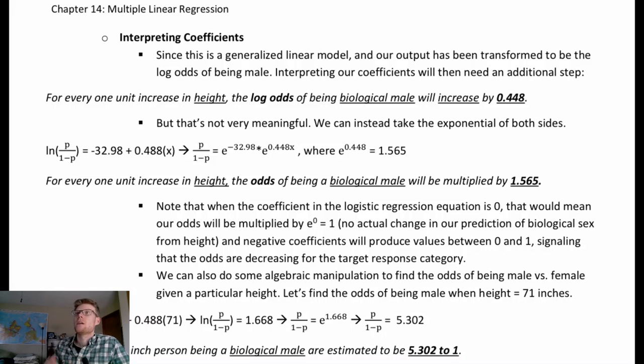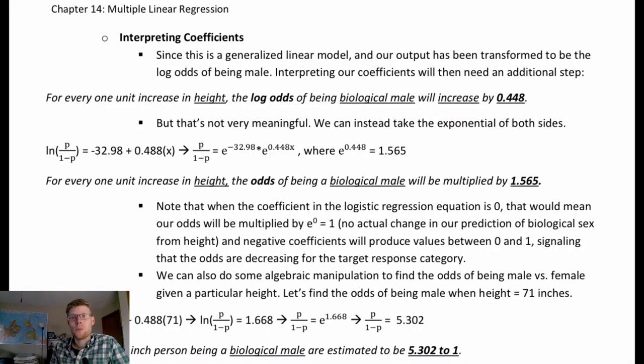If we want to interpret this coefficient literally, it represents how a 1 unit increase in our predictor here, which is height, will affect the log odds of being that outcome coded to 1, which is biologically male. So we could say for every 1 unit increase in height, the log odds of being biologically male will increase by 0.448.